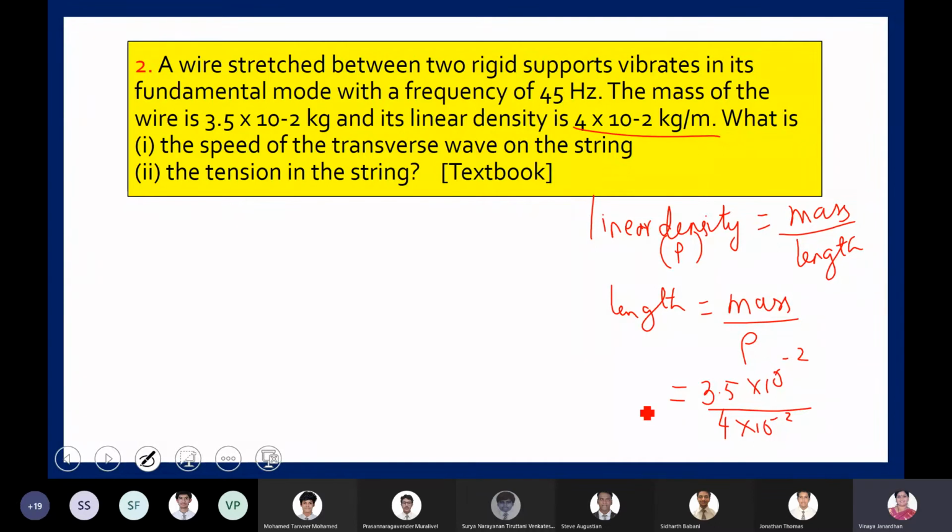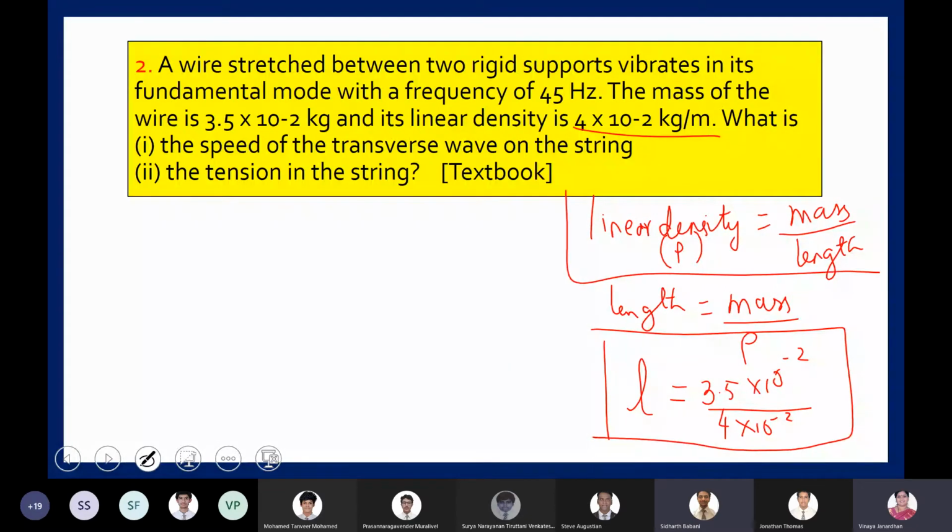I'm getting 0.8. Wait. This is linear density, that is mass per unit length. You have L, the length of the wire.